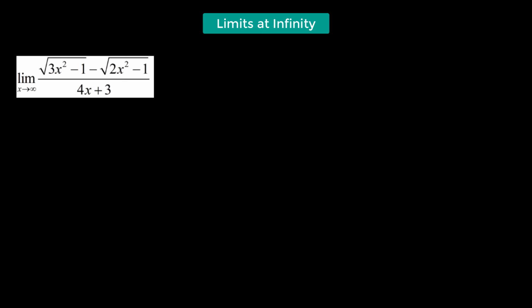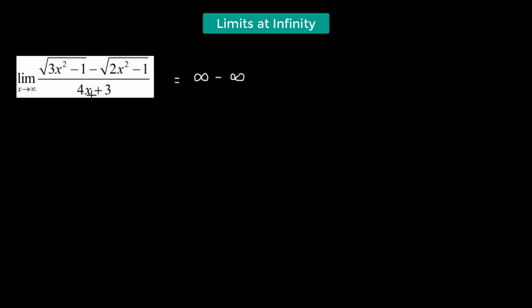So here we need to determine the limiting value of the given function when x approaches a very large number. Clearly, when we substitute the value of x with infinity, we get the form infinity minus infinity. So we don't need this particular answer. So what we're going to do is look for the highest power of x in both the numerator and the denominator.